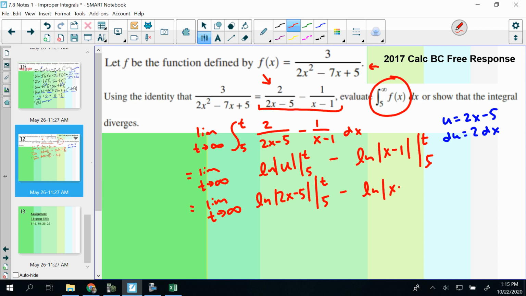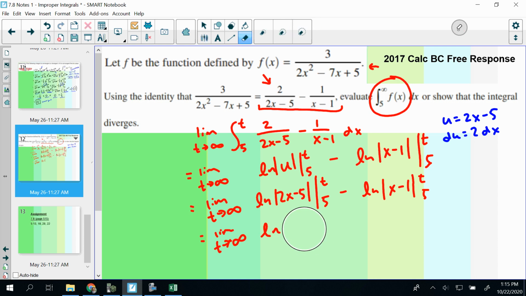So now we want to plug in both t and 5 and see what these are going to be here. If you plug in t, that's going to be natural log of, I suppose I should keep our absolute value here, 2t minus 5.